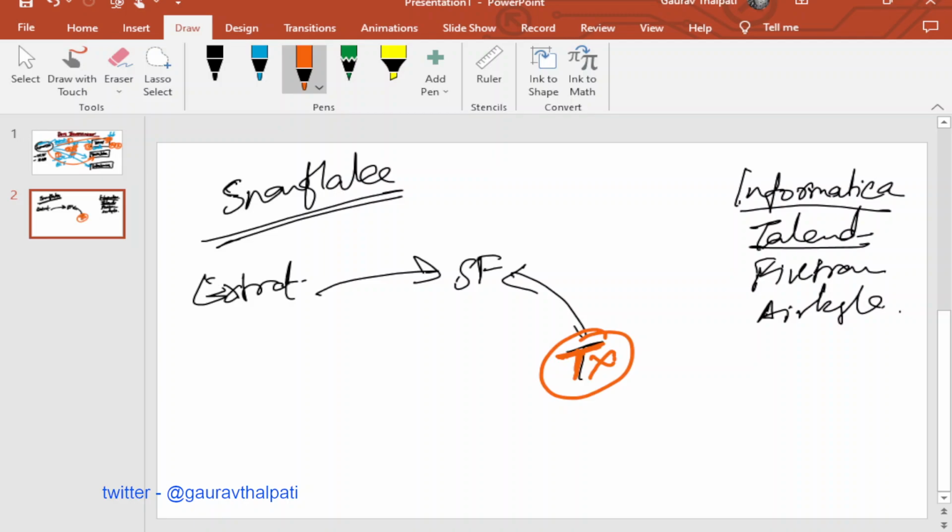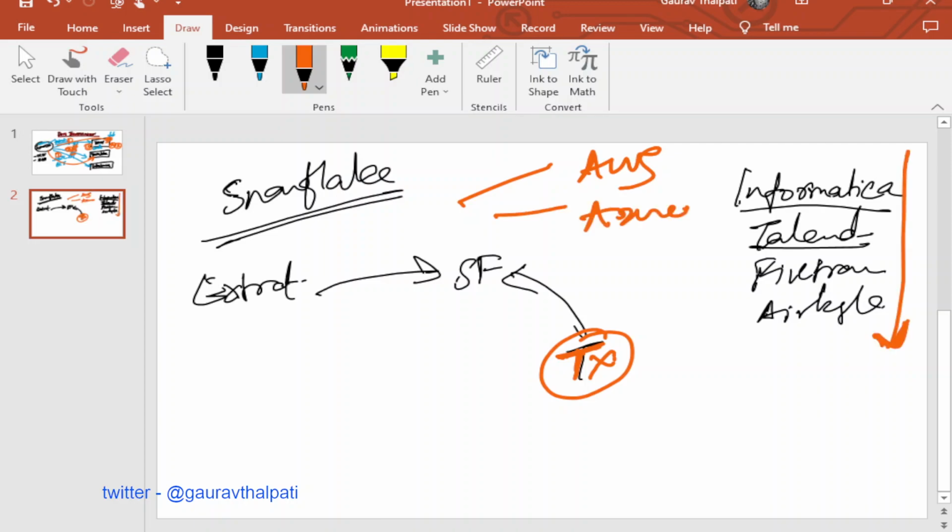Now how to decide? It's not just that if you have Snowflake you should always go for this. If you are using Snowflake and you have your cloud platform, it can be, let's say, AWS or Azure. For ETL, we talked about these tools.